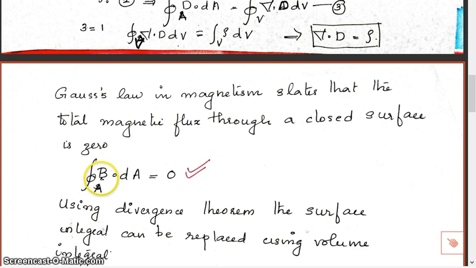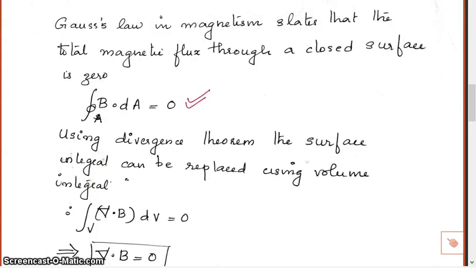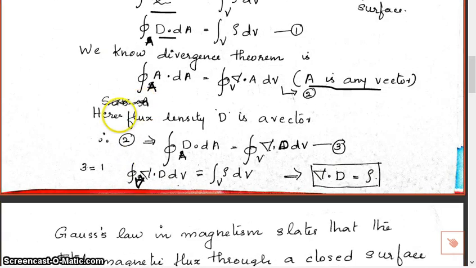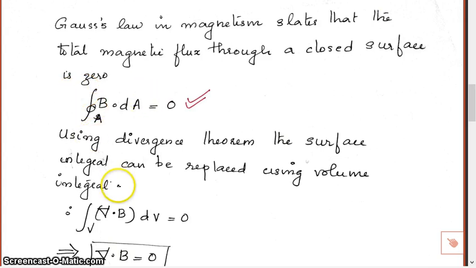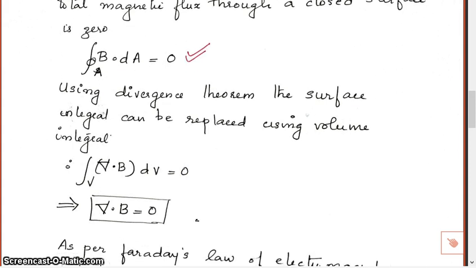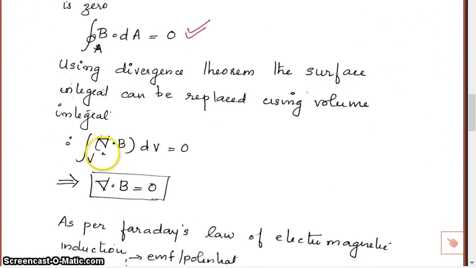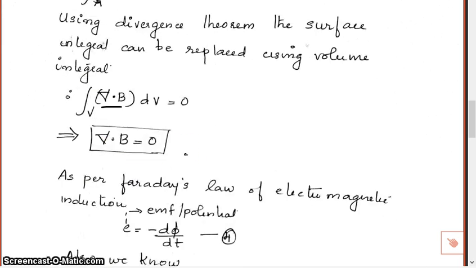So instead of the surface integral of B dot dA, I can write the volume integral of del dot B dV, which is equal to 0. From that I can write del dot B is equal to 0. That is Maxwell's second equation.